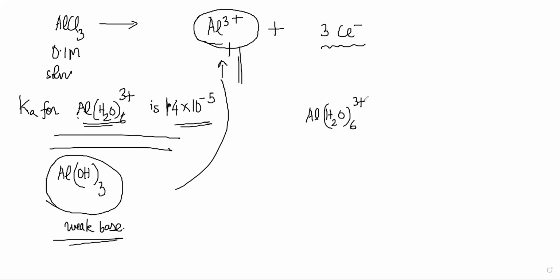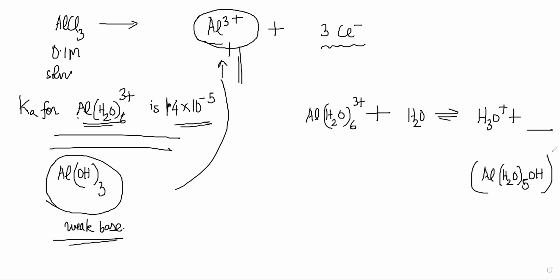So Al(H2O)6 3+ will act like an acid, and plus water will give H3O plus something. It will lose a proton from somewhere. Actually, you can write it Al(H2O)5 and then OH, and it becomes 2+.